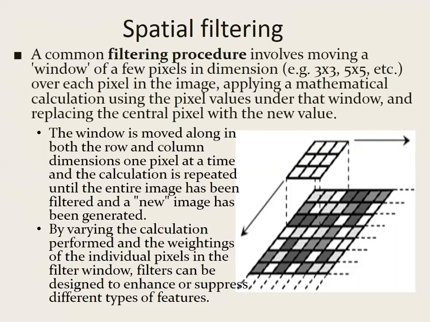To check every pixel, we have to have a window. A window is a mechanism of checking the image, because we can't check the whole image using only one window that covers the whole image.